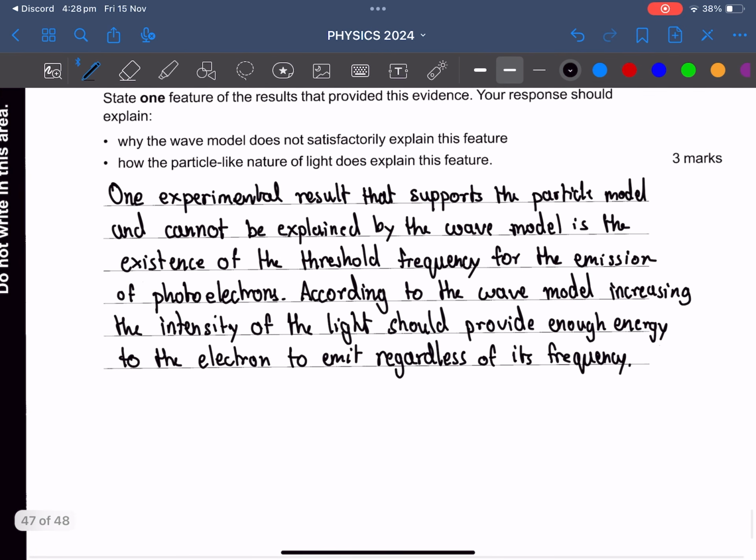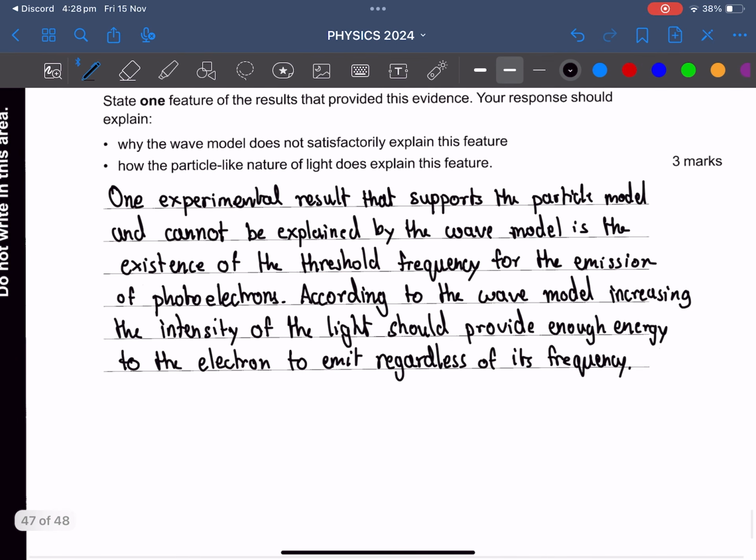Okay, so one experiment, existence of threshold frequency. Yep, according to the wave model, increasing. Okay, so we also have to explain.